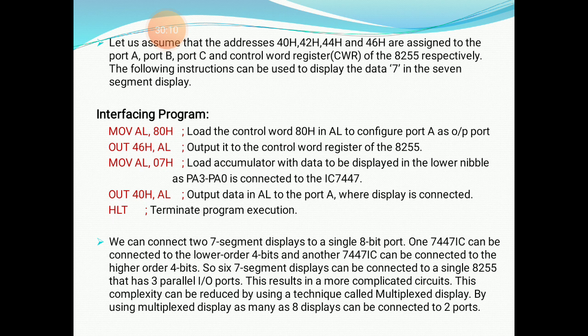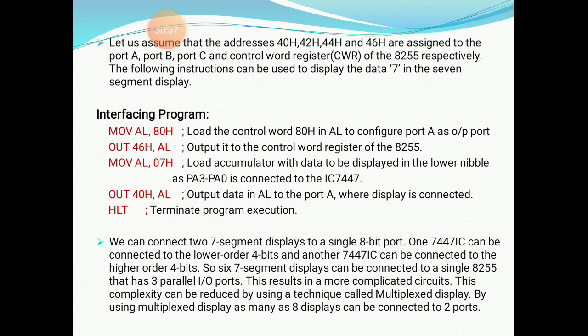Now this control word is transferred to the control word register with address 46H, that is OUT 46H, AL. This instruction sends the control word from the AL register to the control word register. After sending the control word to the control word register, the 8255 is initialized, that is port A used as output port.